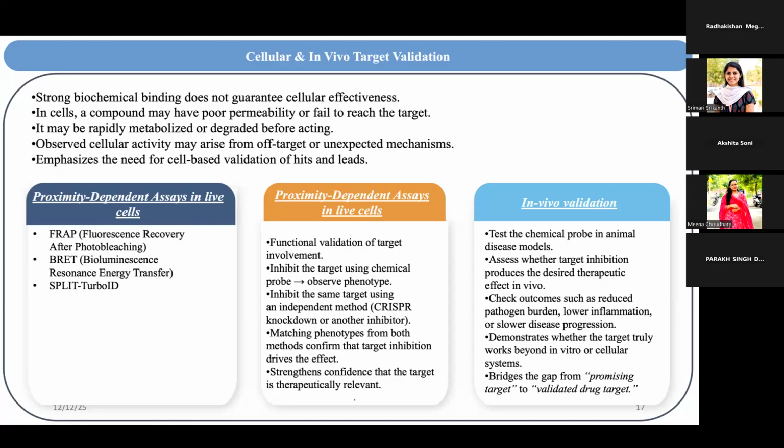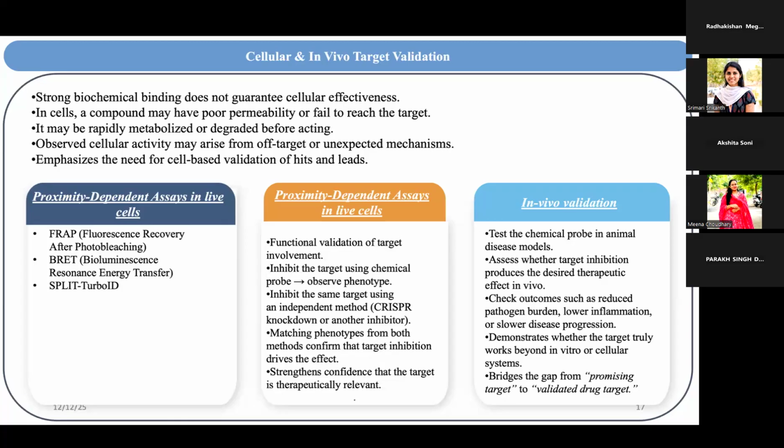Here we tag our target protein with a luciferase and our ligand with the complementary fluorophore. When they are close, that is, the ligand is bound to the target, energy transfer happens between them and produces a signal. So this quantifies binding in live cells.